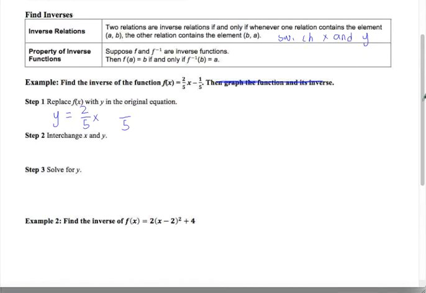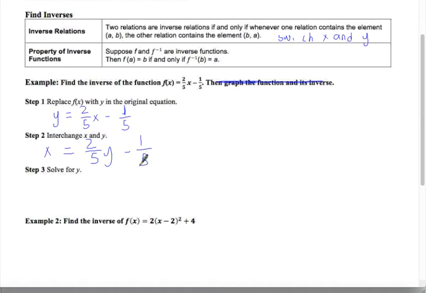That's what's always in the new function. So I'm going to write x equals 2/5 y minus 1/5, and then solve for y again.